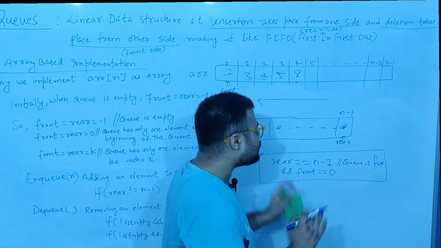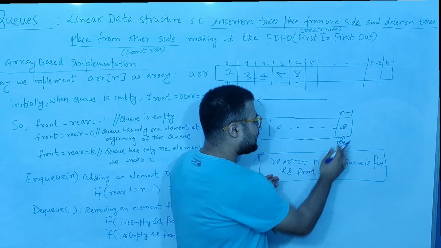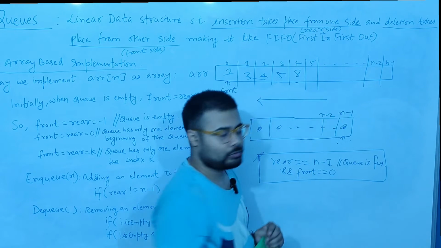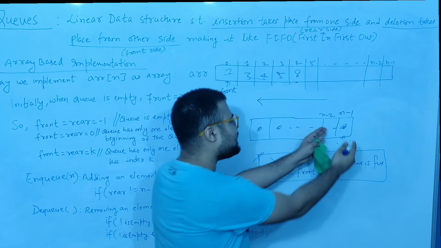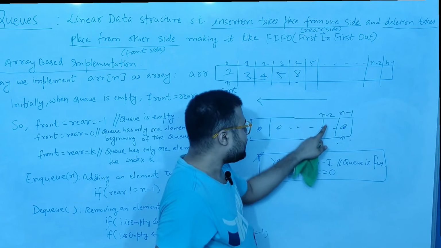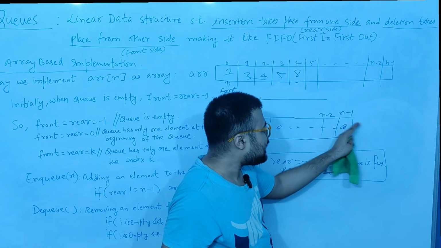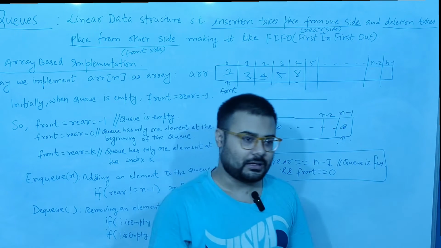For that, at least your rear should point to n-2. Anything less than n-2 is fine, but if rear is already at n-1, then you cannot add any element.